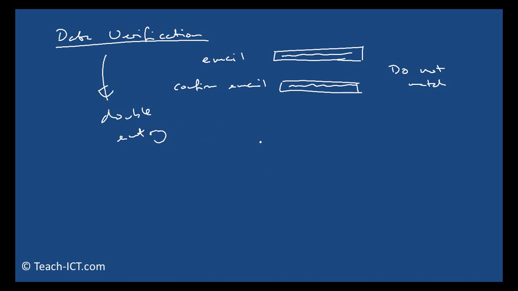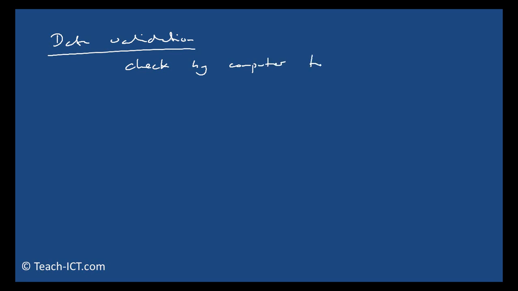But we could put data in correctly that may simply not be possible. And this is what I want to move on to with the concept of data validation. Now, data validation, the technical definition is that it's a check by the computer, and this is the important part, to see if data is possible.